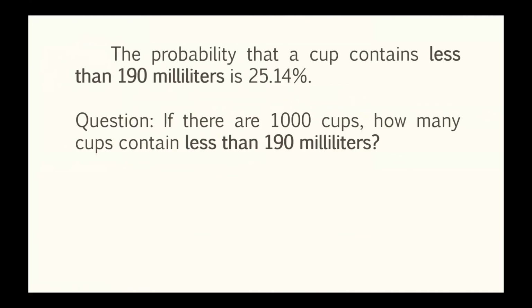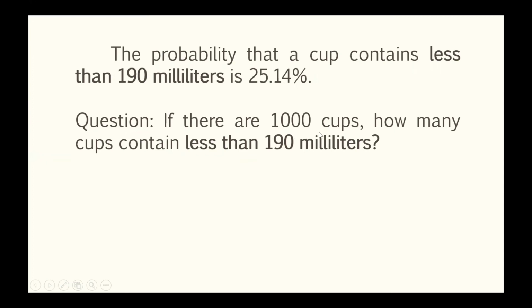What if there are 1,000 cups? Kung bibilangin natin, ilan ba yung 25.14% sa 1,000 cups? So kapag yung tanong sa problem ay how many, so we are going to determine the number of cups. But kung ang tanong sa problem is what is the probability, so that is in percent form or in decimal form.